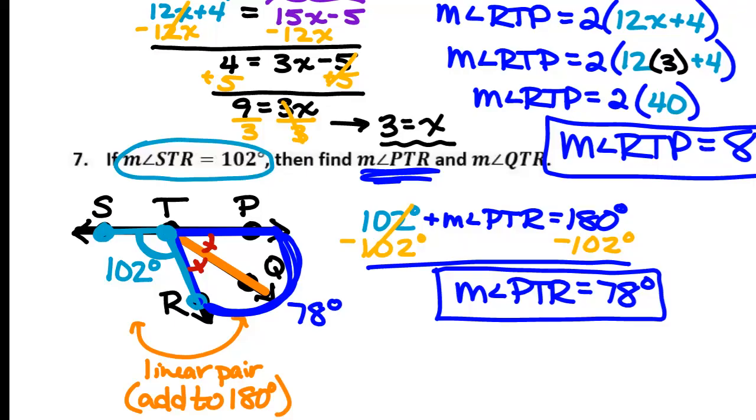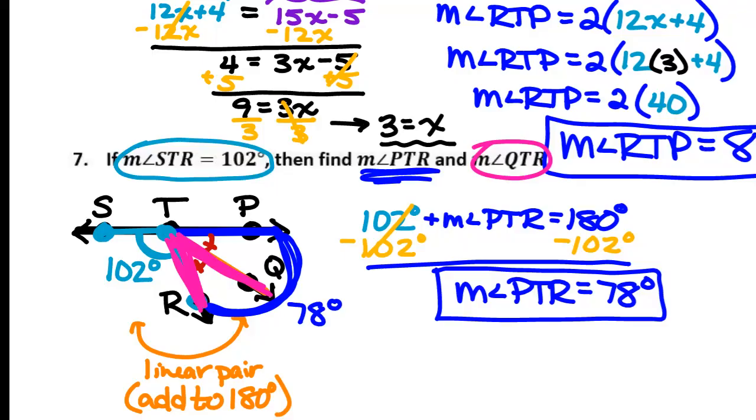Now they also want me to find QTR. QTR is just one of those little baby angles inside PTR. And what do we know about these two angles here? When I put them together, I get 78. They're equal, they're the same size.